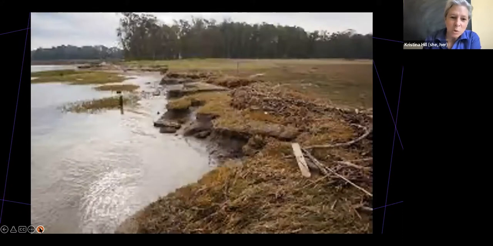So I'm going to show you an example from a tidal marsh system in California, where in this slightly blurry, sorry, photo, the escarpment or the face of the tidal marsh is falling apart. This is what we expect to happen from sea level rise and from increased wave energy, but it's also falling apart because there's an animal that burrows into the face of the marsh.